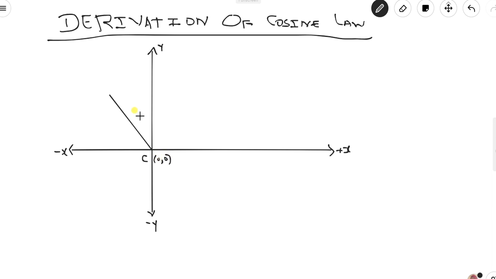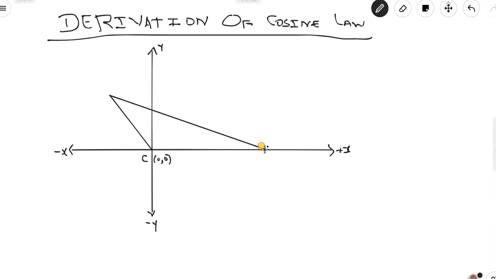Now we are going to draw the remaining two sides. In this derivation I've selected an oblique triangle, in other words an obtuse angle triangle.